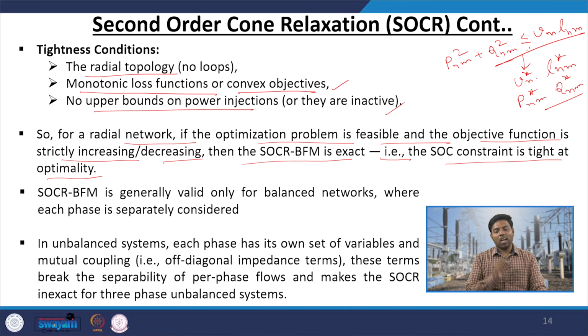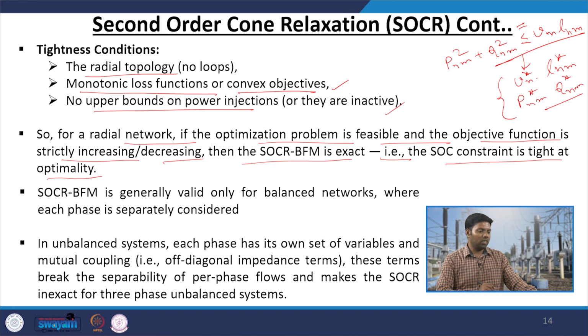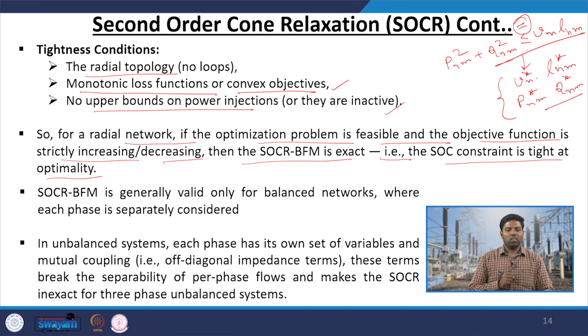But what was the actual physics of the equation? It says that it has to be an equality. So the tightness or the exactness only holds true, or we can say that the relaxation is good, only if the solutions you are getting do not give a less-than result, but always give the equal-to result.